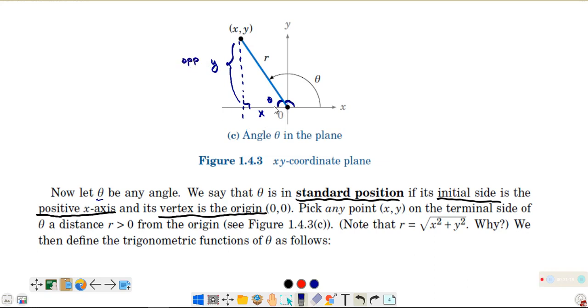Tapos, si cosine theta naman is x, the adjacent, over the hypotenuse. So, x is the adjacent, tapos y is the opposite. And then, of course, r is the hypotenuse. Ayan.